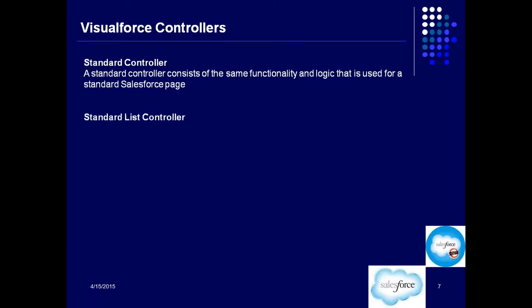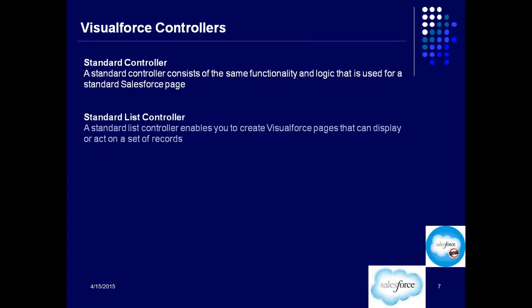Then there is the standard list controller. A standard list controller enables you to create Visualforce pages that can display or act on a set of records. The standard controller deals with one record at a time. The standard list controller, as the name suggests, can deal with multiple records at the same time, so it can create a page which displays multiple records.